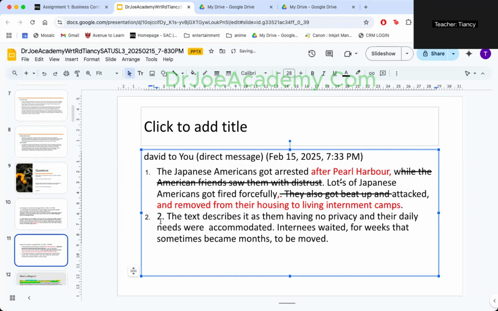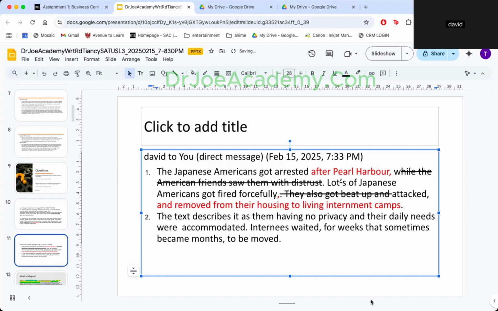Number 2, can you read this for me? The text describes it as them having no privacy and their daily needs were accommodated. Intern needs waited for weeks that sometimes became months to be moved.